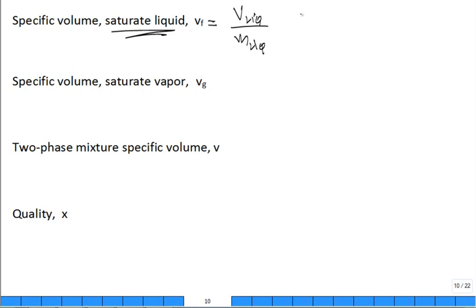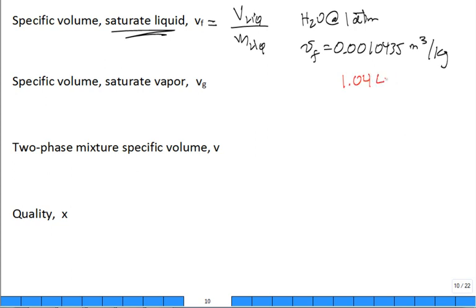If I have water at 1 atmosphere, it likes to boil at 100 degrees C. V sub F is 0.0010435 meter cubed per kilogram. That looks like a small number, but then we remember 1,000 liters in a meter cubed. So basically this is 1.04 liter per kilogram.